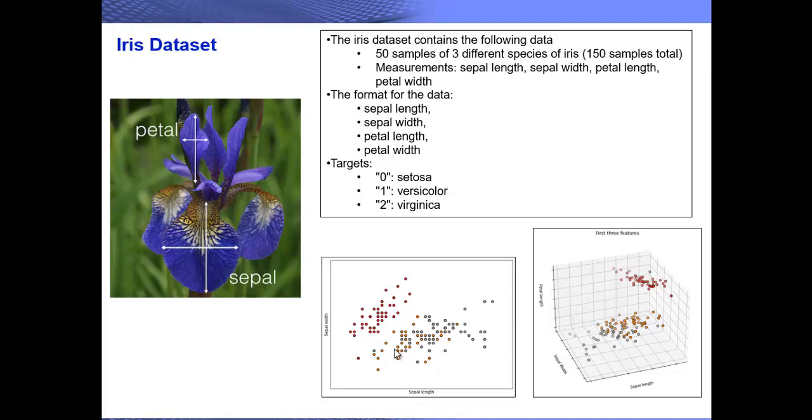Now if we consider just the sepal length and sepal width, and plot a scatter plot between them for all three classes, the red, yellowish, and gray colors are the three classes corresponding to Setosa, versicolor, and virginica.